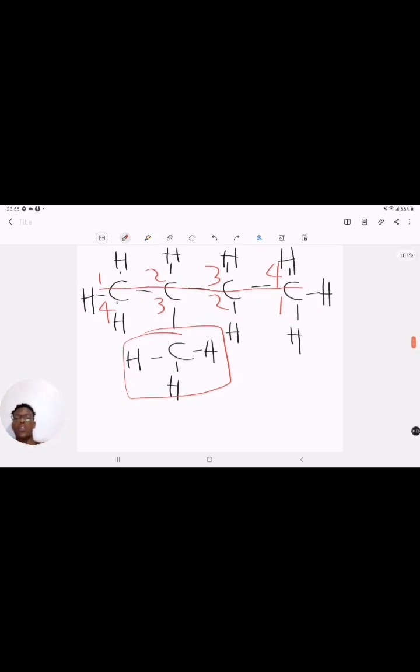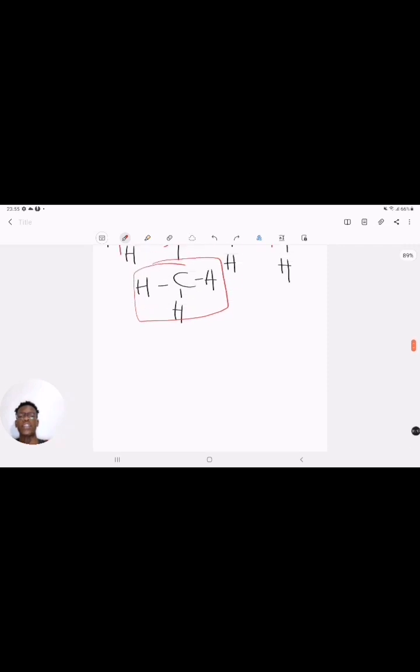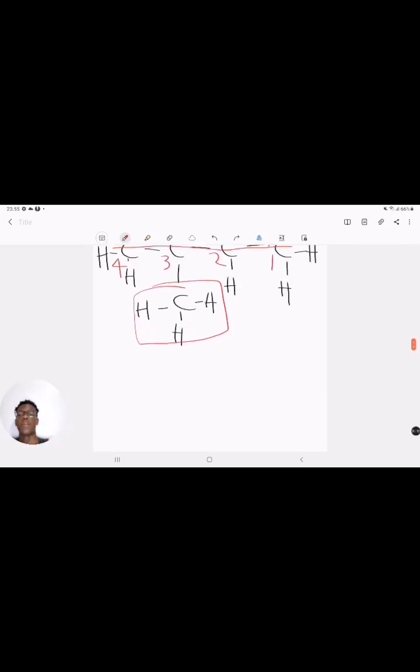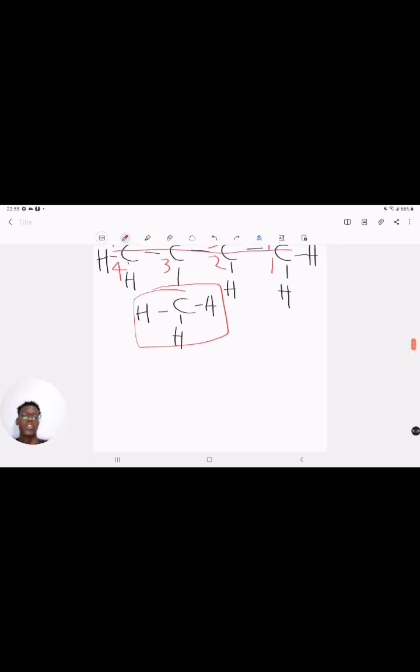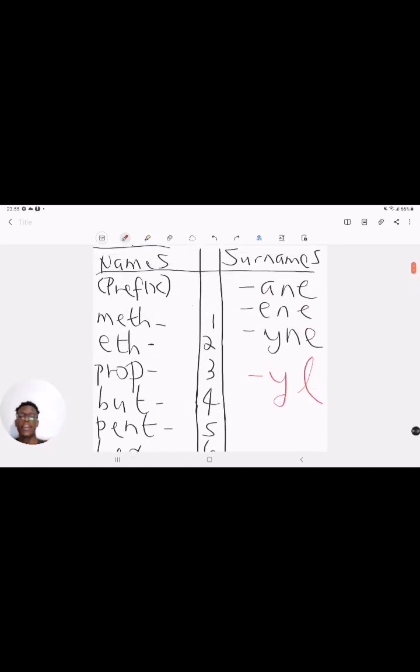And how do I name it? Well, firstly, if this is an alkyl group, how do I identify the alkyl? You look at the branch and you look at the number of carbon atoms that it has. How many carbon atoms does it have? It has one carbon atom. So you go to the table, hopefully you know it off by heart.